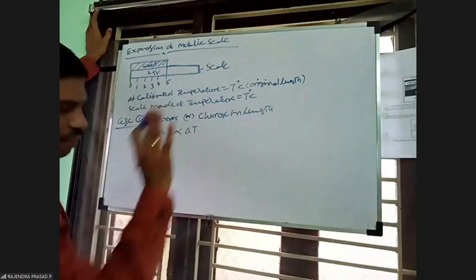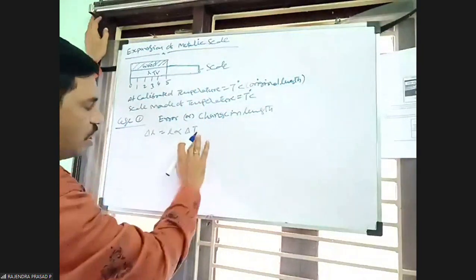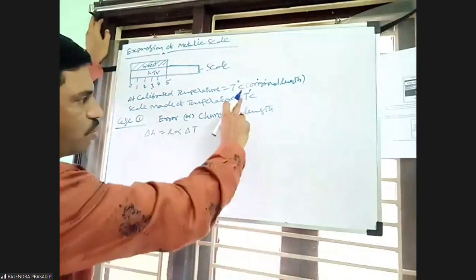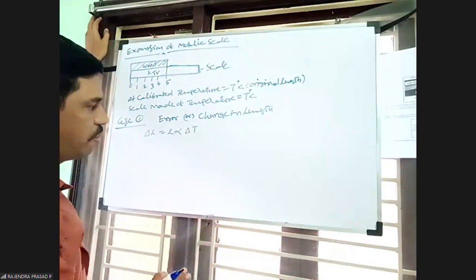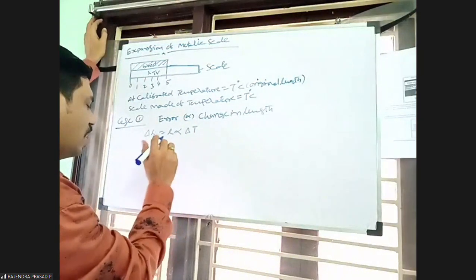Alpha is the coefficient of linear expansion of the scale. Delta T is the temperature change from the initial temperature to room temperature. So delta L equals L alpha delta T.